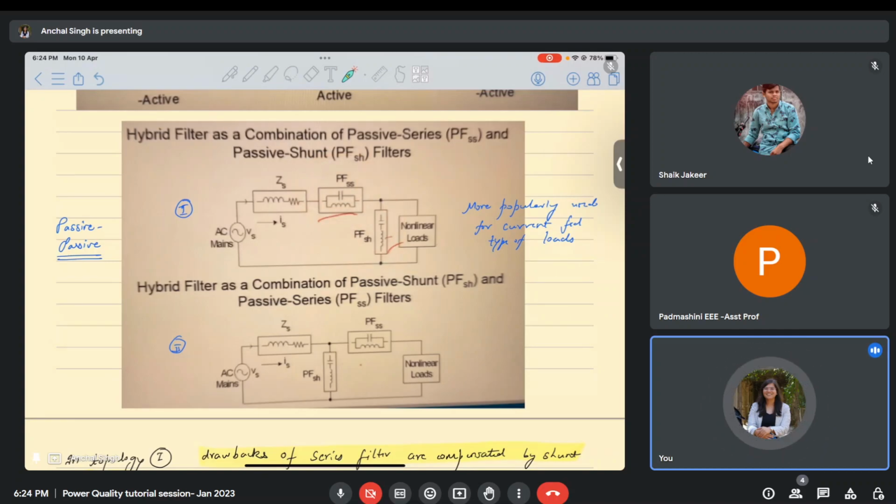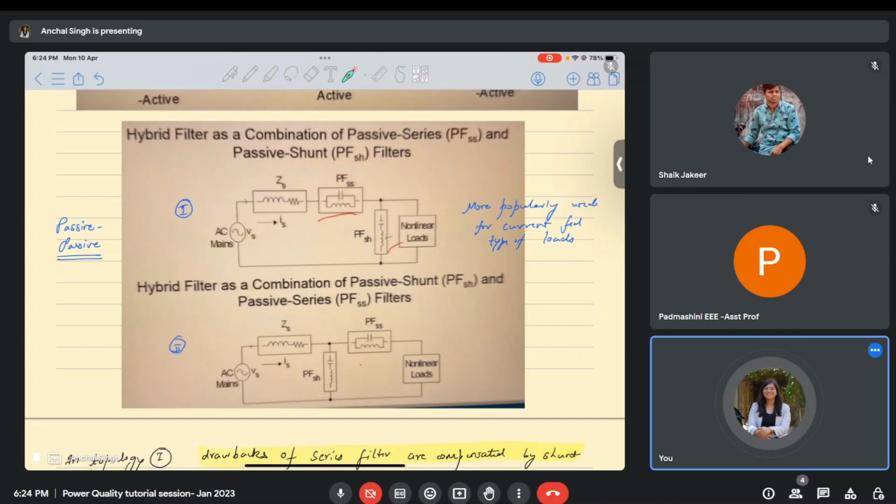Similarly, our series filters have a drawback of voltage drop across them. Suppose as a part of the series filter, I have an inductor. Then during the fundamental frequency operation, that inductor is unnecessarily giving me a drop. I cannot short circuit the inductor during some time and then again bring it in the circuit. It will be connected all the time in series. And because of that connection at fundamental frequency, I will have an unnecessary drop across the series filter.